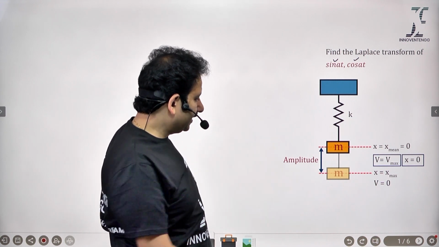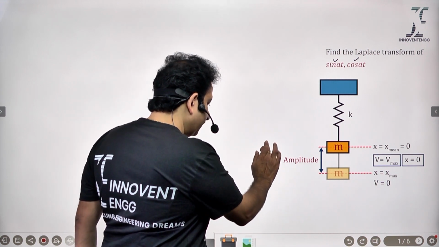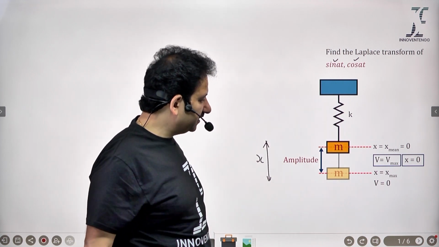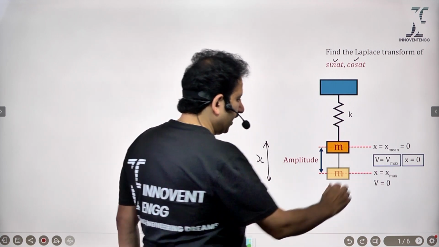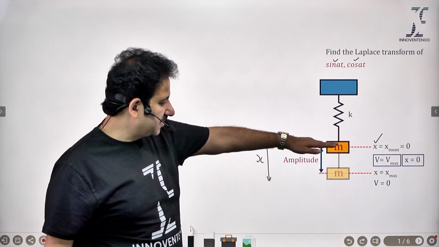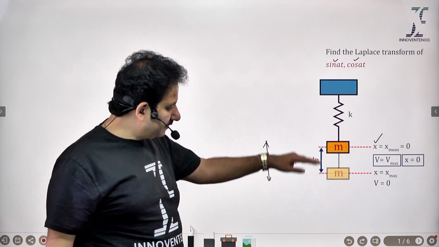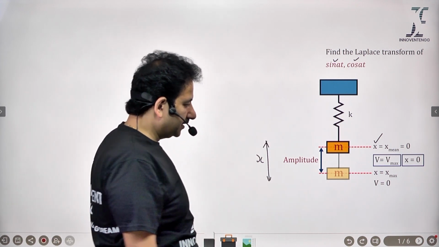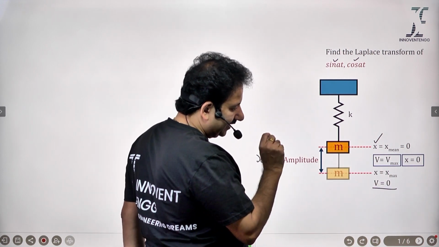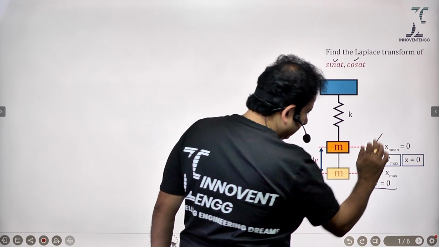And you can see that we are using x to designate its motion up and down, and this is the mean position, which is the equilibrium position, where the displacement from the mean position is 0 because it is in equilibrium position. And as it moves to the maximum amplitude, you can see the velocity goes to 0, because here at the mean position, since the kinetic energy is maximum, your velocity is maximum.